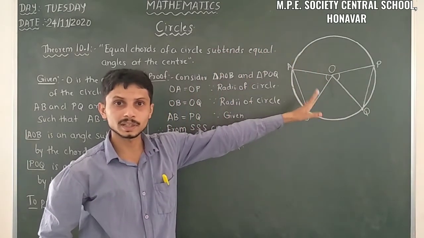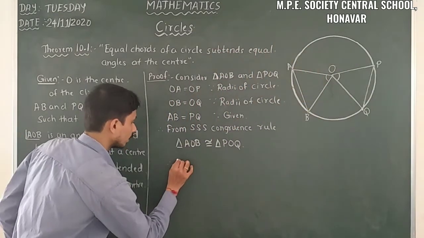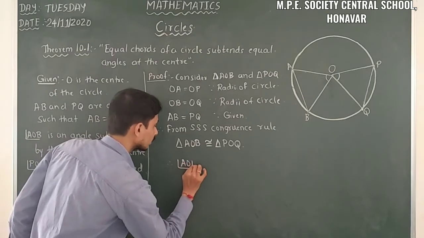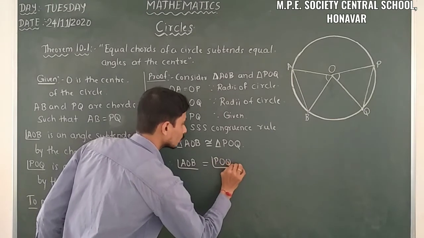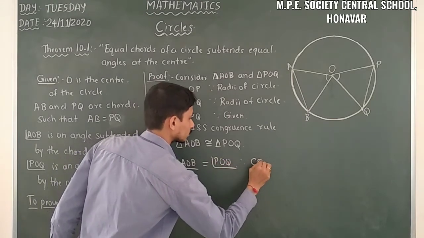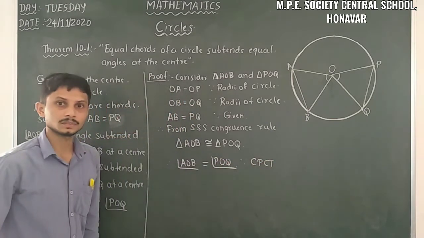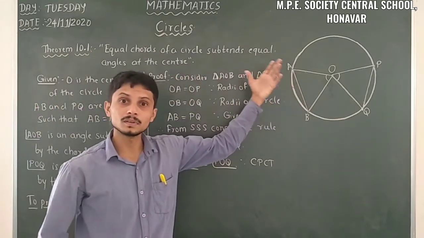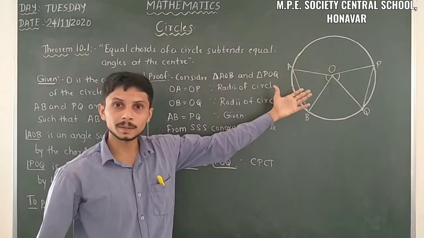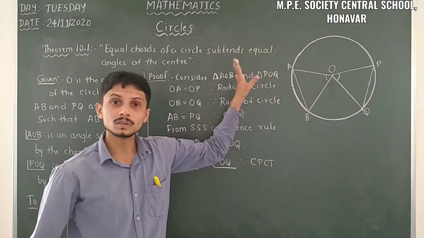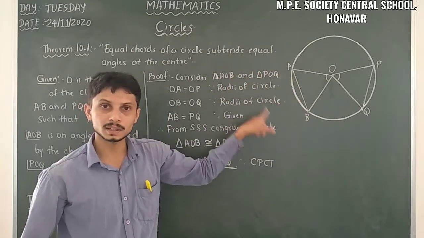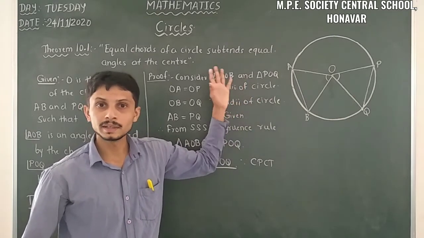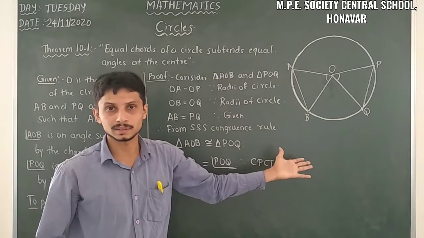We want that proof. Therefore, angle AOB is equal to angle POQ because of CPCT. So whatever number of chords we have, if the chords are equal, then they subtend equal angles at the center.